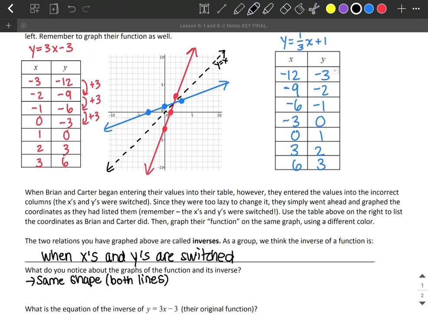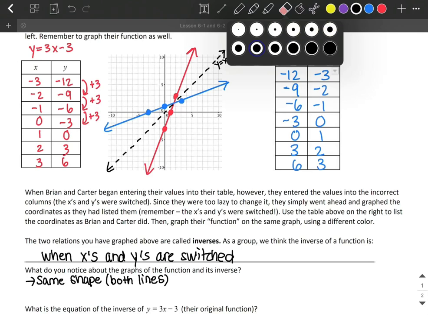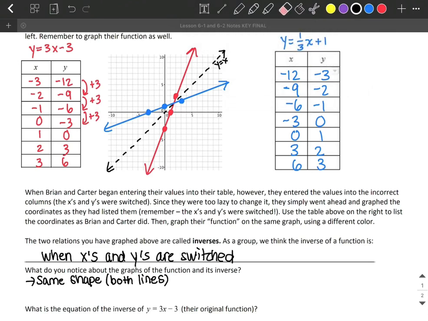We also can see that they are a reflection of each other. I already drew this line in the mess up part of my video. But if you draw a line on y is equal to x, you can see that those lines look symmetrical in some way.